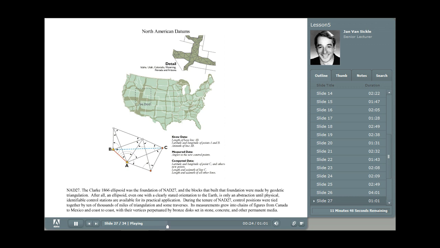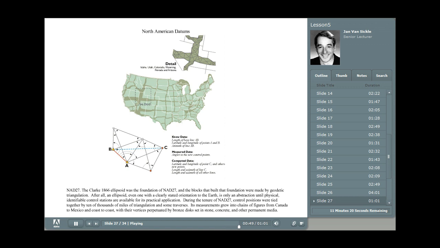Of course, these positions were not derived from satellite geodesy. They were produced from optical observations in chains of triangulation that was done across the United States for many, many years. The work was excellent, and given the technology of the day, remarkable.